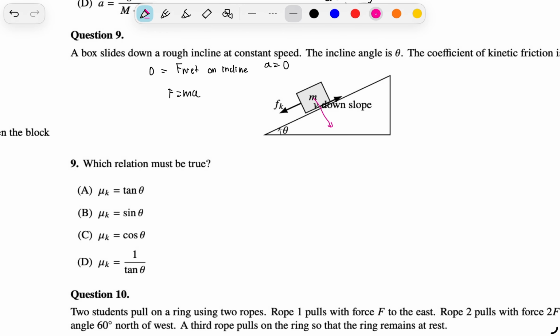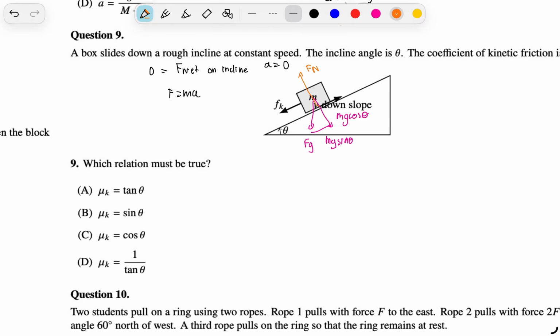You have a downward direction of force gravity. Breaking into components, you have mg sine theta, and you have mg cosine of theta. So normal, we have Fn. So let's write our friction here.